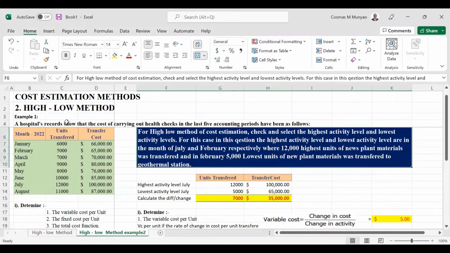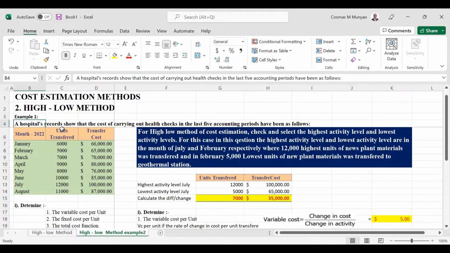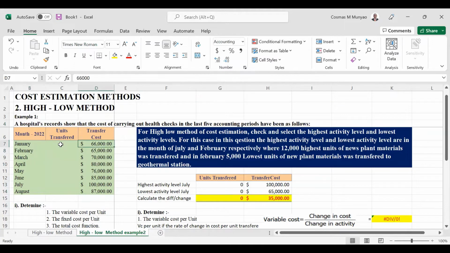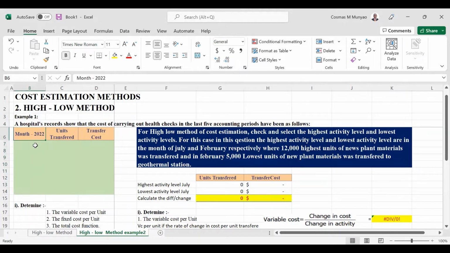We would use the same template. A hospital record shows that the cost of carrying out health checks in the last 5 accounting periods has been as follows. Let me remove this one, and this one, and this one.